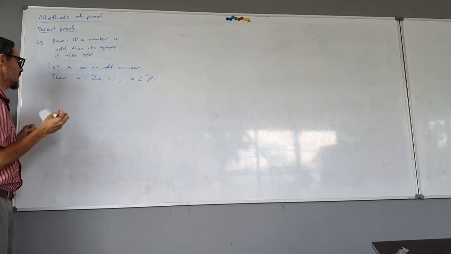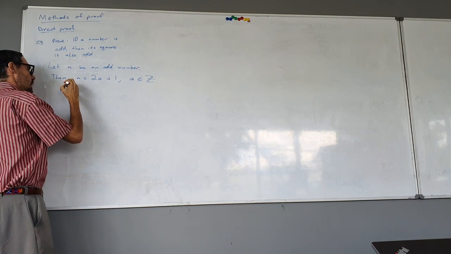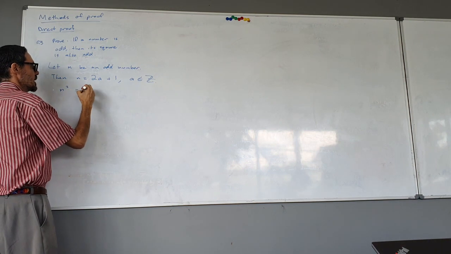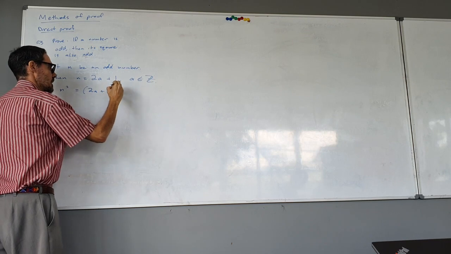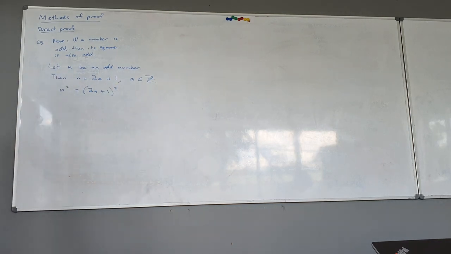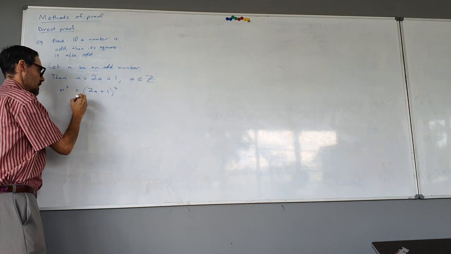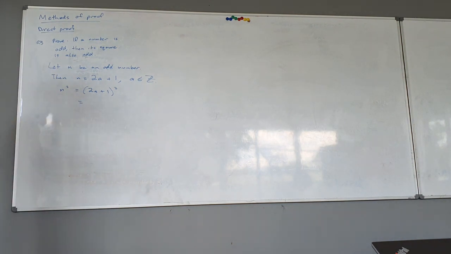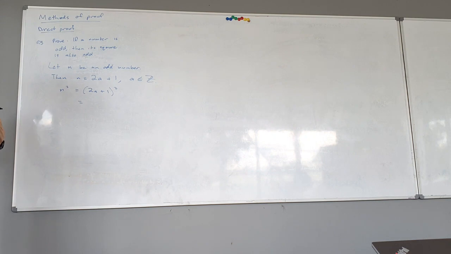Okay, what about n squared? n squared has to be (2a plus 1) squared. And if I expand the square, what do I get?